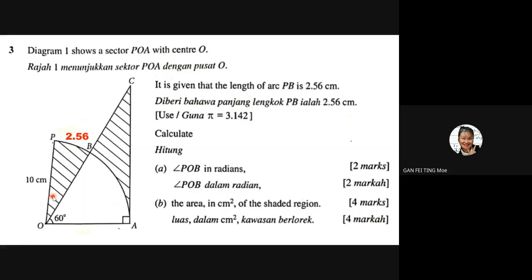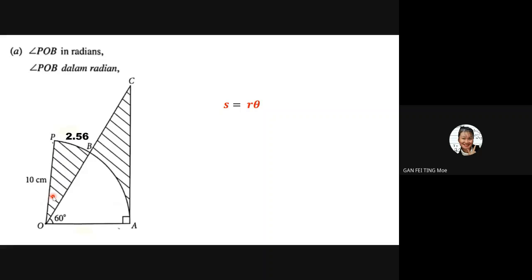So untuk jawab soalan bahagian A, saya plankan saya nak gunakan formula. So formula yang saya nak guna adalah S equals to R theta. Panjang lengkuk PB sama dengan jejari darab dengan theta. Kerana dalam formula ini, I have 3 algebraic. Okay, S, R, theta.